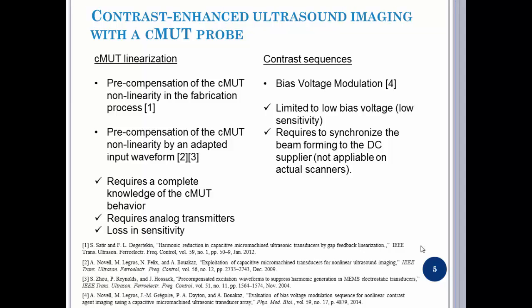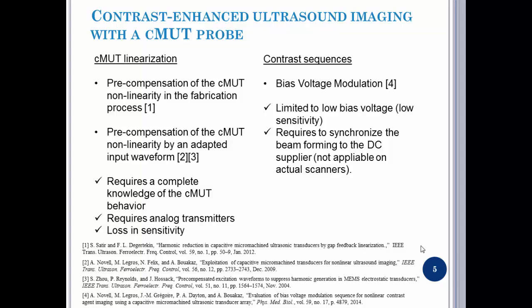And there are some contrast sequences, like bias voltage modulation, specially developed for Cmut use. Therefore, you can add on the left the second speaker and on the right the first speaker, other methods to linearize or to adapt the contrast sequence.